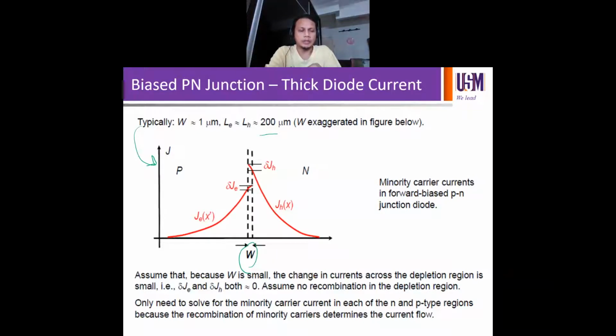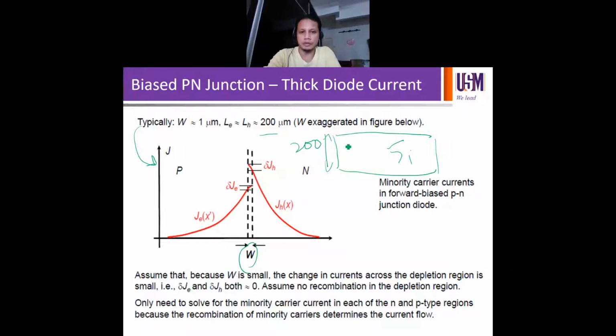The width of the depletion region is typically in the order of 1 micron or less, just like the calculation we did last time, where we got about 0.95 micron. So the device thickness in this case is about 200 micron, so you have your silicon here to be 200 micron, more or less.